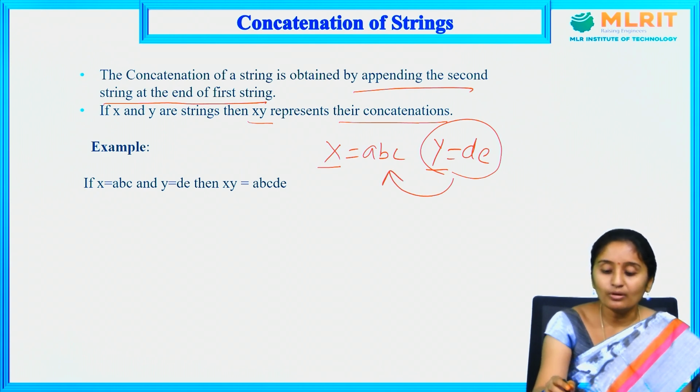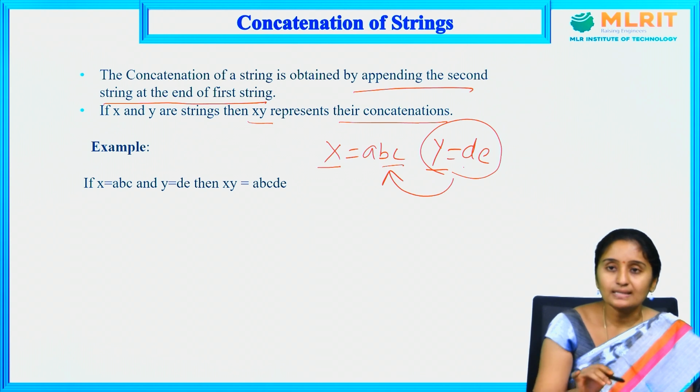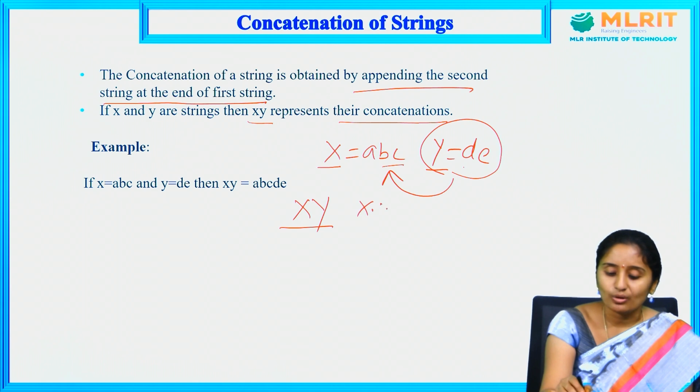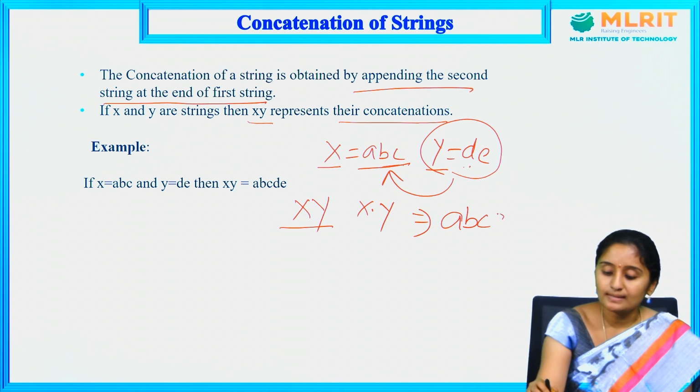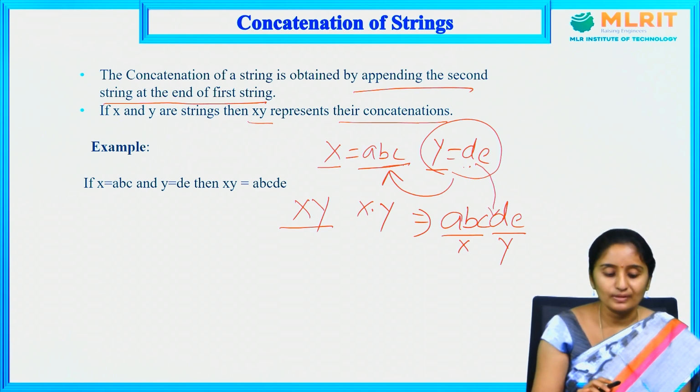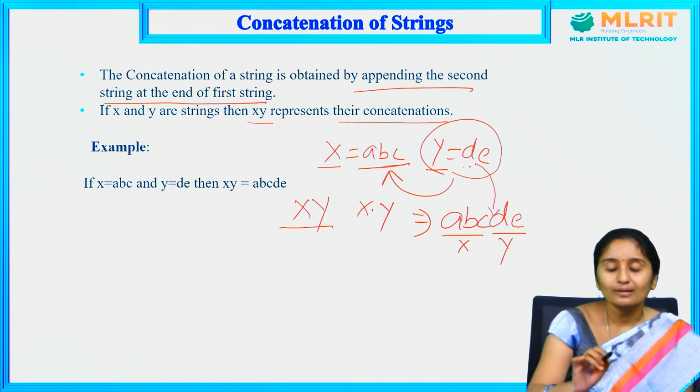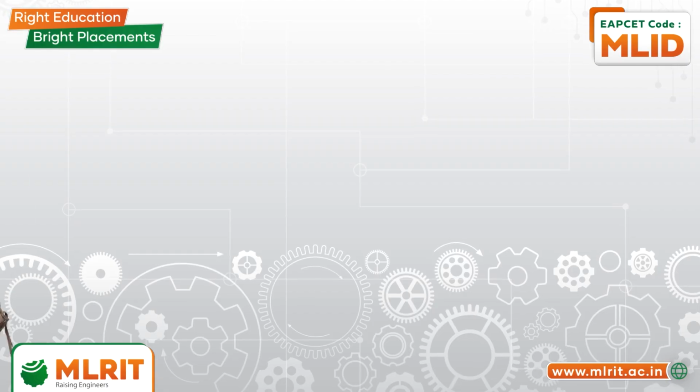It can be represented as XY or X dot Y. So ABC is my first string, DE is my second string, and I append it at the end of my first string. That is concatenation of strings.